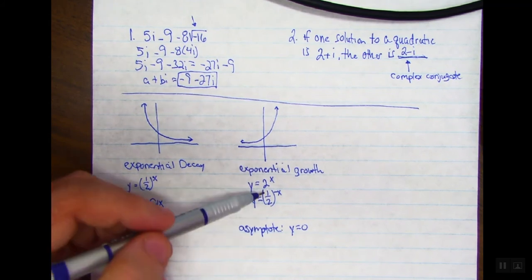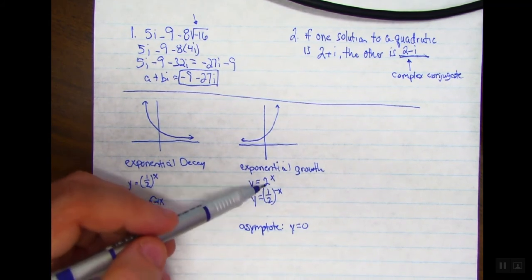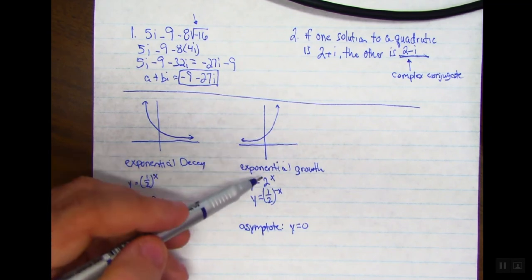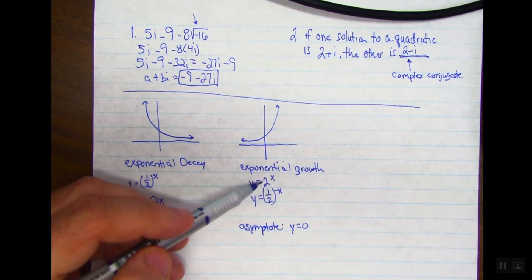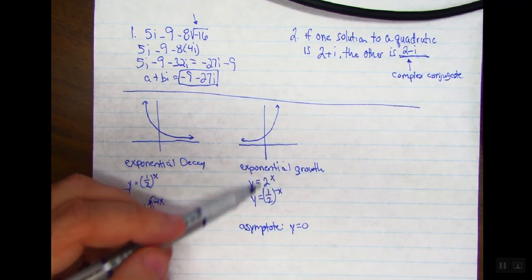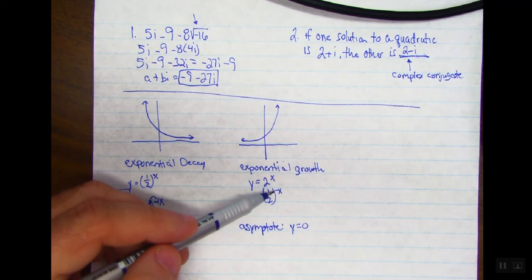So let's look at two ways of writing the same equation for exponential growth. One way would be y equals 2 to the x. Another equivalent equation is y equals 1/2 to the negative x. So we have a negative exponent there.